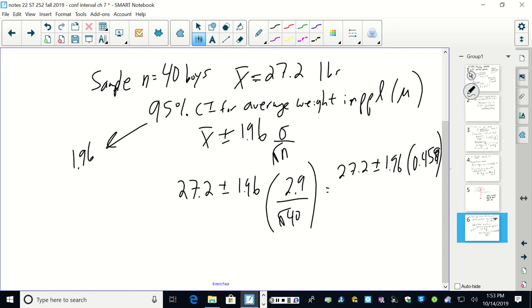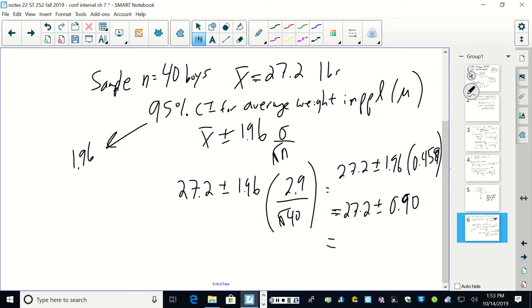So this is 27.2 plus or minus about 0.90. I'm not quite totally sure about that, but right, 1.96, it's not doubled. So that works out.